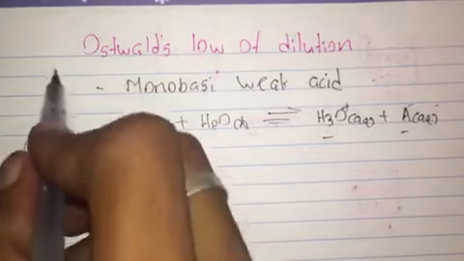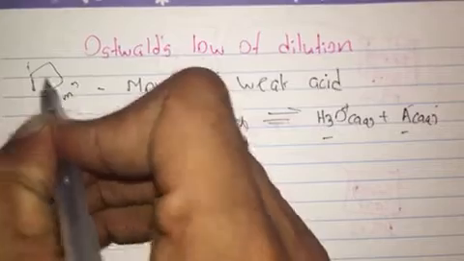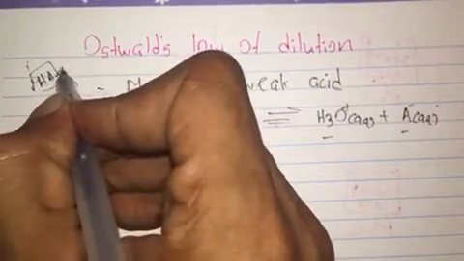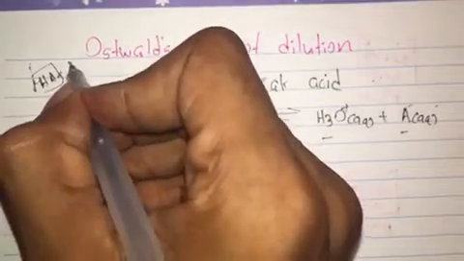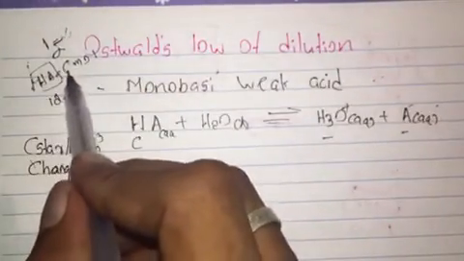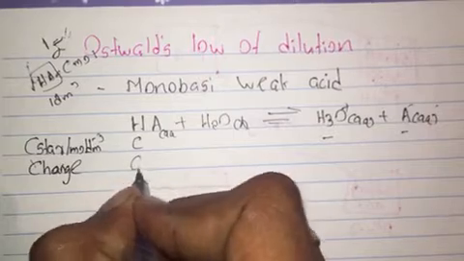It means in 1 cubic decimeter, HA acid has C moles. If 1 mole dissociates alpha, here with C moles, C alpha dissociates.